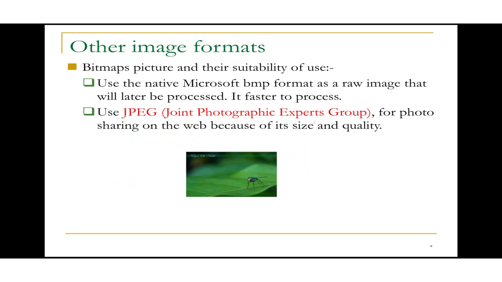Initially, that was just a group of developers who came up with a certain format, a certain way of representing an image in a different format other than the bitmap. They used that as the name of the group of developers, but now we normally just shorten it as JPEG.